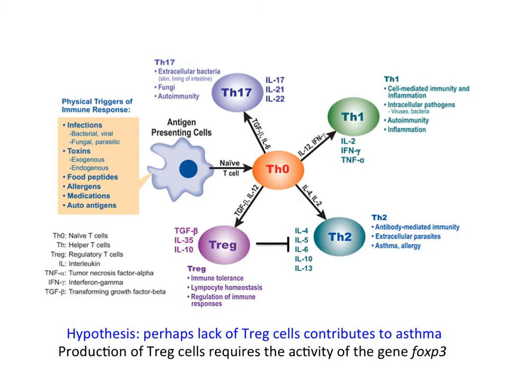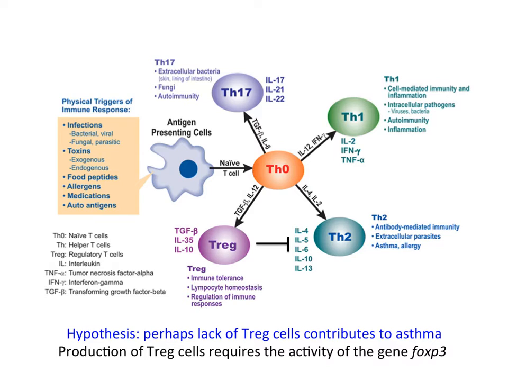My understanding, because I'm not an immunologist. So what happens is, how you get asthma, there are these cells, antigen-presenting cells, that essentially carry the signal that, hey, there's something in the environment that I'm allergic to or responding to. Those cells pass that signal on to cells called Th0, or T helper cells.